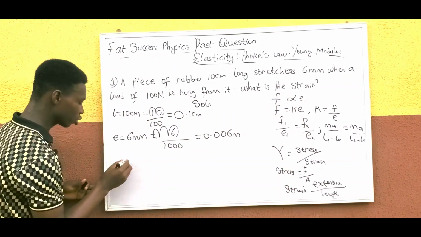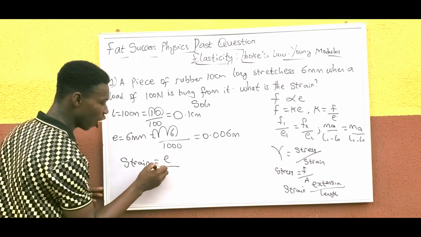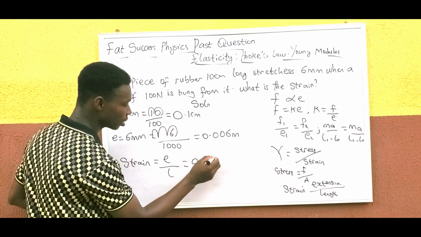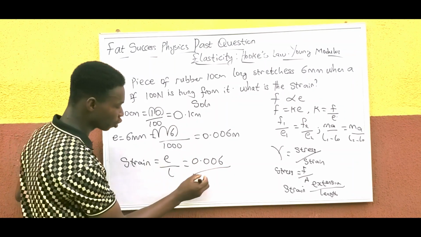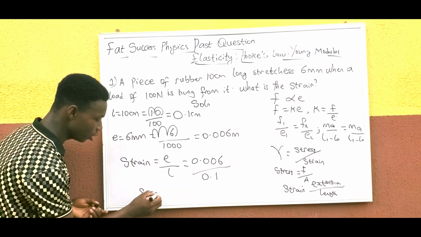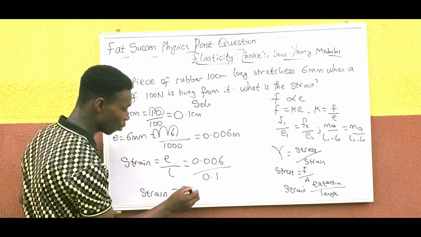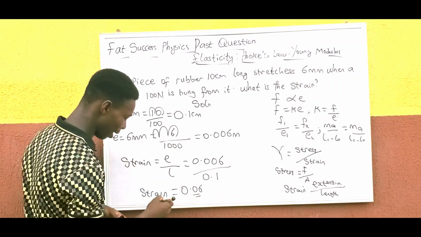So from here, we can apply the formula for strain. Don't forget, the formula for strain is the same thing as extension all over length. Extension from here is 0.006 divided by length, which is 0.1. So when you divide 0.006 by 0.1, our final answer is 0.06.